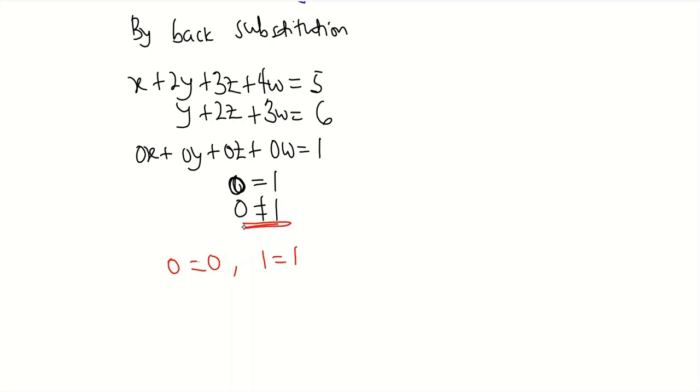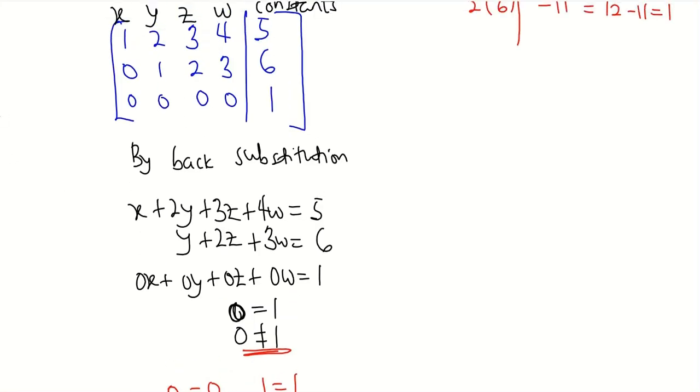And when we have a final matrix of this form, such that all the rows, they are equal to 0, and then the constant happens to be 1 or a counting number, then it means that we are going to get inconsistent solution.